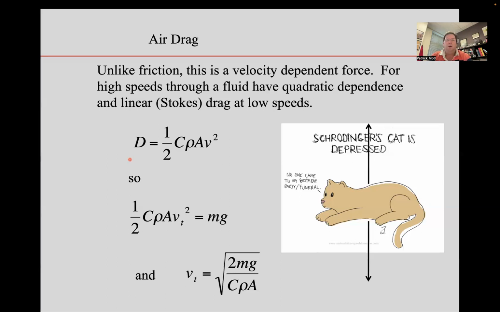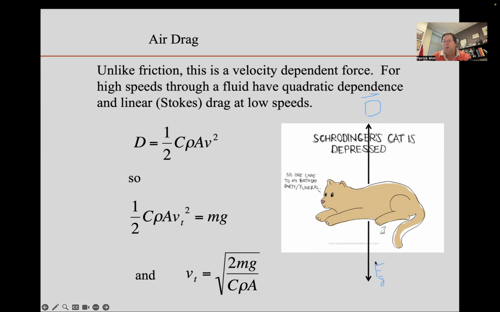Terminal speed is when the drag force is just as big as the weight of an object. So for our falling cat over here, there's the drag force going up, and then the force of gravity going down.